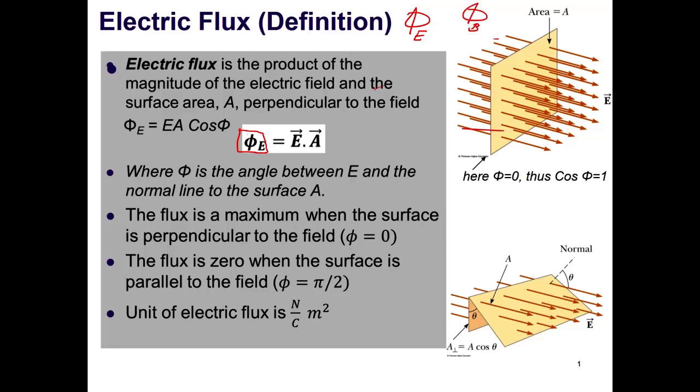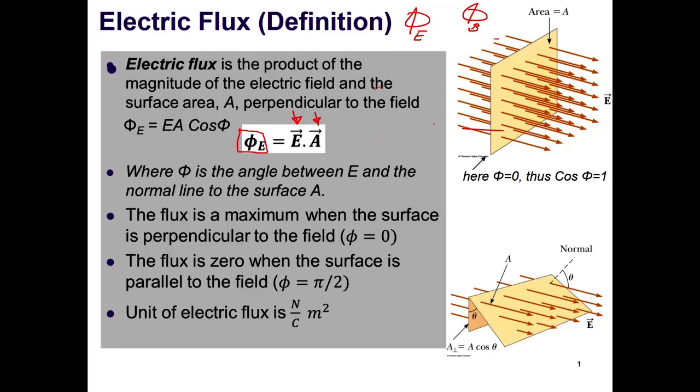So electric flux simply is the multiplication between the electric field and the surface area perpendicular to this electric field. Mathematically, it's simply the dot product between 2 vectors. Electric field, we know it's a vector, but for maybe some of you who haven't taken this topic, A actually is a vector, and it has the direction of the area.